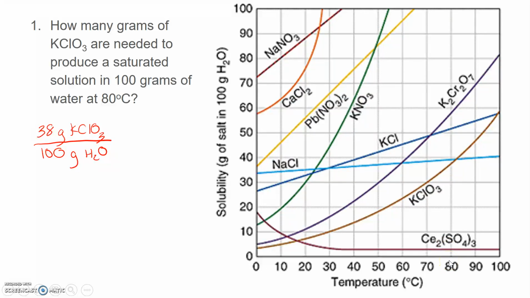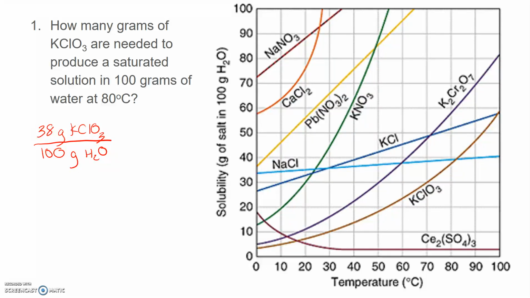We know we want to find 80 degrees Celsius. So we find 80 degrees, go up to where it hits the line, and we find that to be about 37, 38. Okay? So at 80 degrees Celsius, we would need 38 grams of KClO3 per 100 grams of H2O.